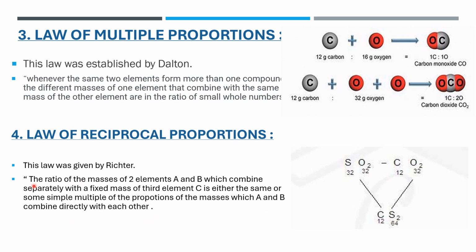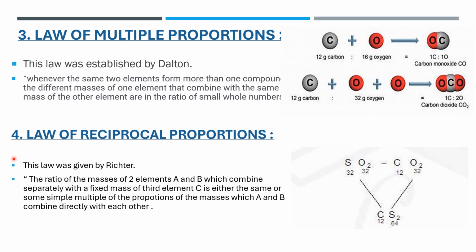Once again, you have to concentrate on the statement. The ratio of the masses of two elements A and B which combine separately with a fixed mass of third element C is either the same or some simple multiple of the proportions of the masses in which A and B combine directly with each other.